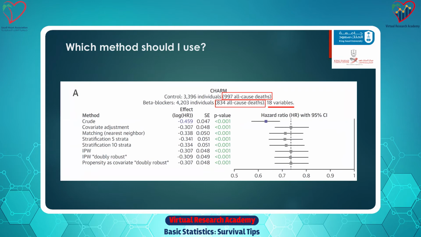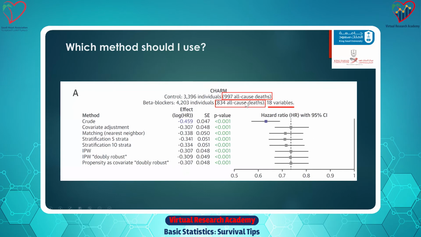So here's an example. They accessed the database of CHARM trial. This was a randomized clinical trial of candesartan, I think in heart failure. But the question was, is beta blocker use associated with mortality reduction or not? So you see that crude, so no adjustment, is different than adjusted. All these are adjusted, but really it didn't matter much what technique you use, you get similar estimates.